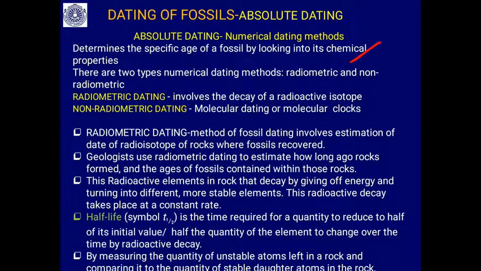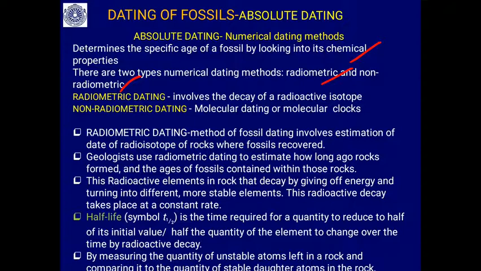There are two types of numerical dating methods, radiometric and non-radiometric. The radiometric method involves the decay of radioactive isotopes. The non-radiometric method is molecular dating, or the molecular clock.